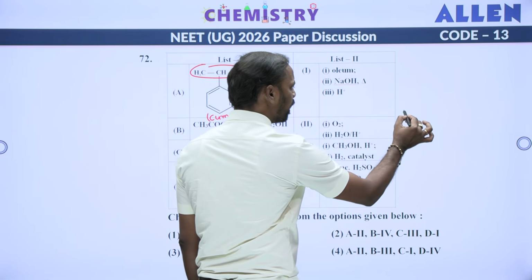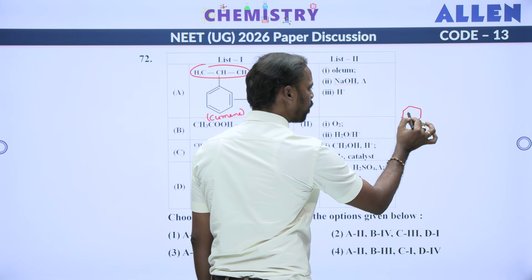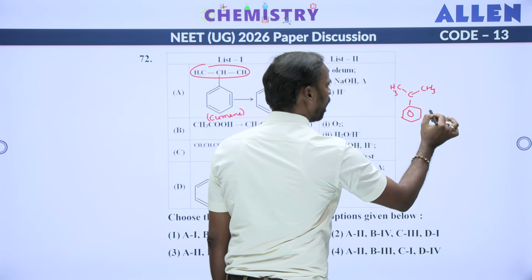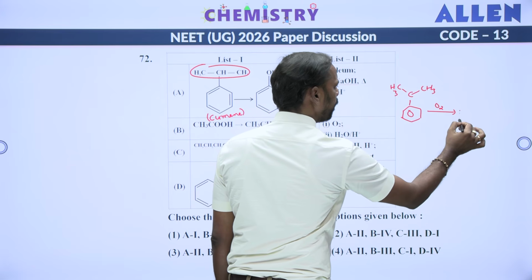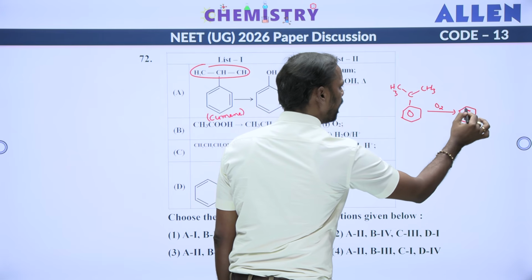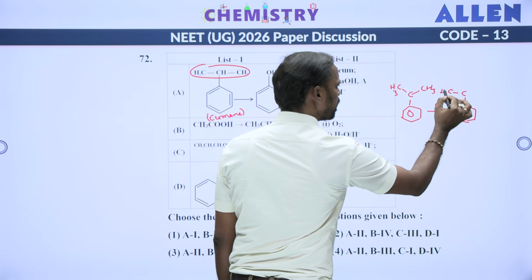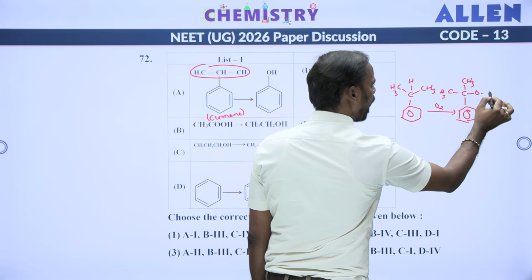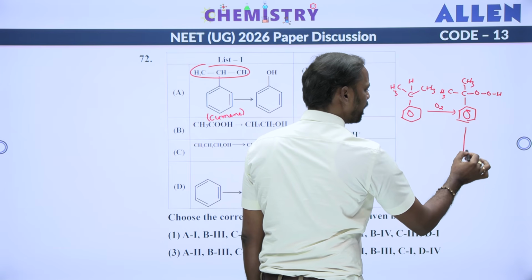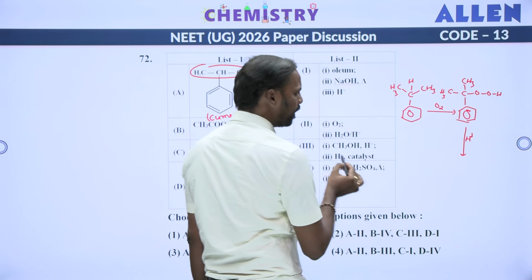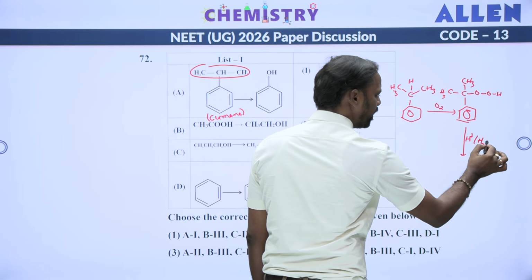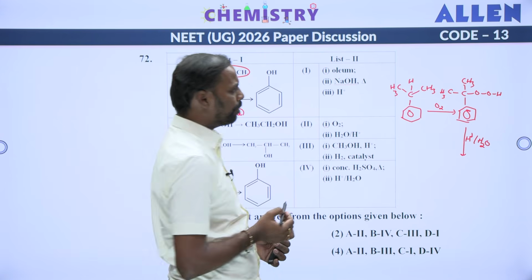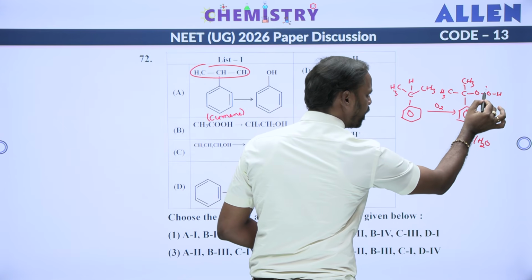So this cumene is treated with O2. After heating, this will be converted into cumene hydroperoxide. This is cumene hydroperoxide. This cumene hydroperoxide, upon treating with H plus and then followed by water, undergoes a rearrangement that takes place in acidic medium, and after that it will be converted into this one.